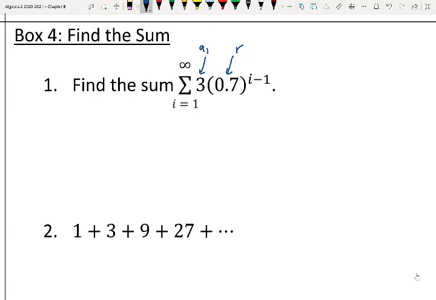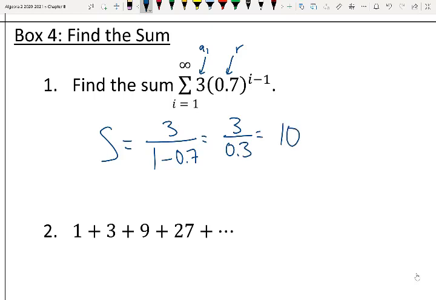So then I can go ahead and use my formula. My sum is equal to 3 over 1 minus 0.7, which is 3 over 0.3, which is just 10. So the sum of the entire infinite series that starts at 3 and is 70% of its previous value converges on 10.